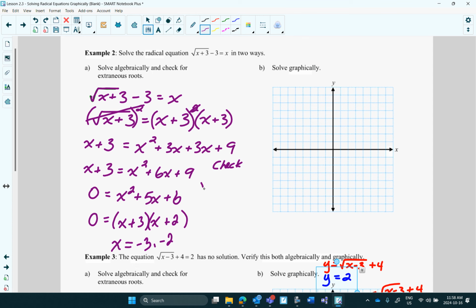So does the square root of -3 plus 3, minus 3 equal -3? Well, -3 plus 3, square root of 0, minus 3 gives me -3. That's good. -3 is a good solution.